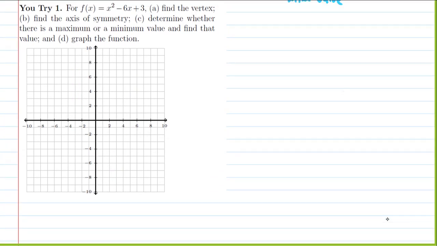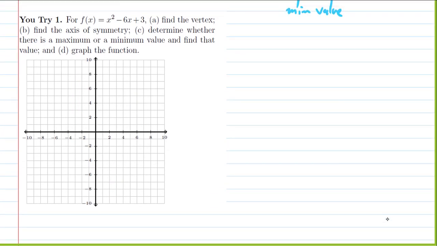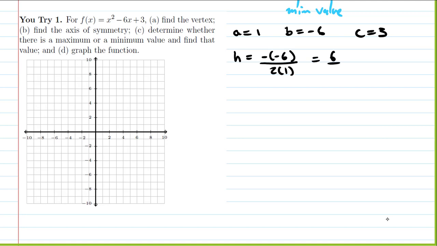All right, so to resolve this, once again we identify a, b, and c. So our a is 1, our b is -6, and our c is 3. So our h is negative b, so negative 6 all over 2a. So that's going to be 6 over 2, which gives us 3. And our k is f of 3.